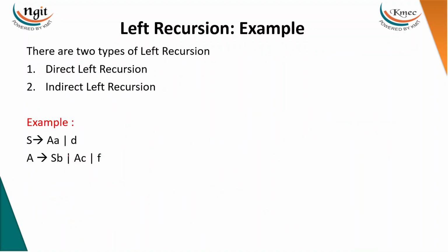See guys, if it is indirect left recursion, either you have to substitute A productions in S, or S productions in A. You do any one. If you are able to eliminate the indirect left recursion and convert it into direct, then we know how to eliminate it, right? So I'll substitute all the S productions in A. I'll go with the second option.